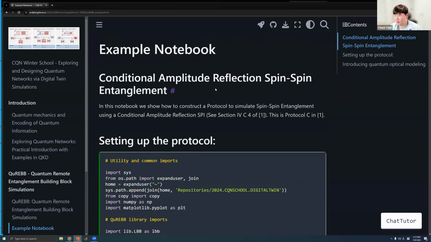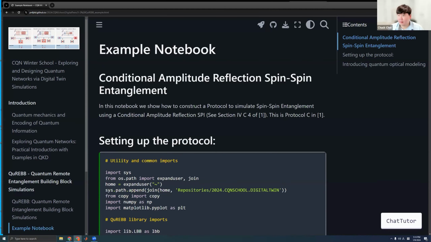I will pause here for probably a few minutes in case there are questions. Then I will proceed to the example notebooks. Okay, if there are no questions, I will proceed to the notebook, but feel free to ask questions in the meantime.